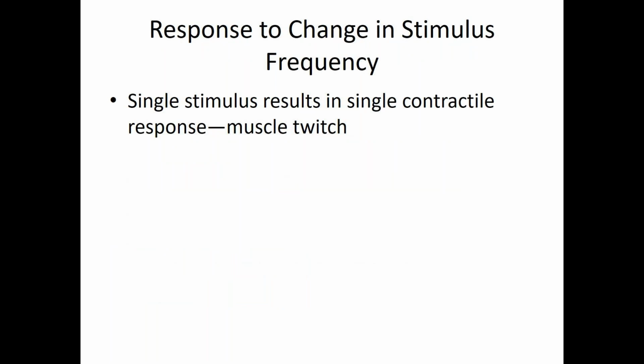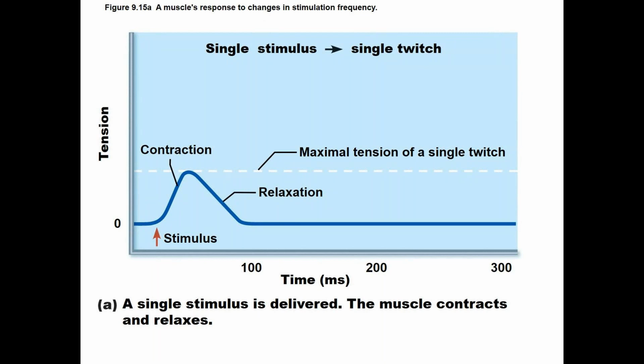So what we've seen so far with our myograms, the twitch that we've looked at before, is one action potential, just a single one. And that one action potential generates one single event, a period of contraction and a period of relaxation.